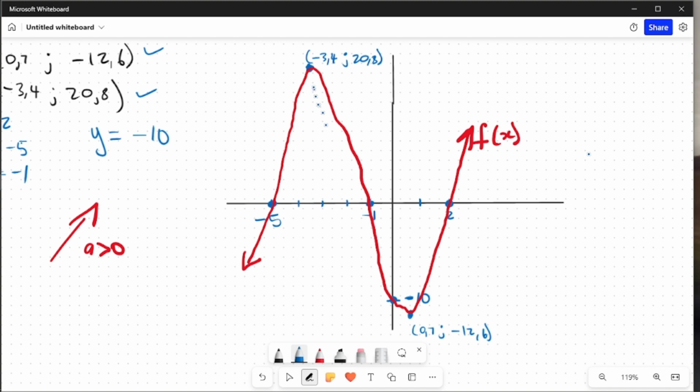Okay? Now, my parabola will be in this form. Let me use a different color. You see the x value of the turning point will become the x-intercept of my derivative. The turning point of the graph will become the x-intercept of the derivative.